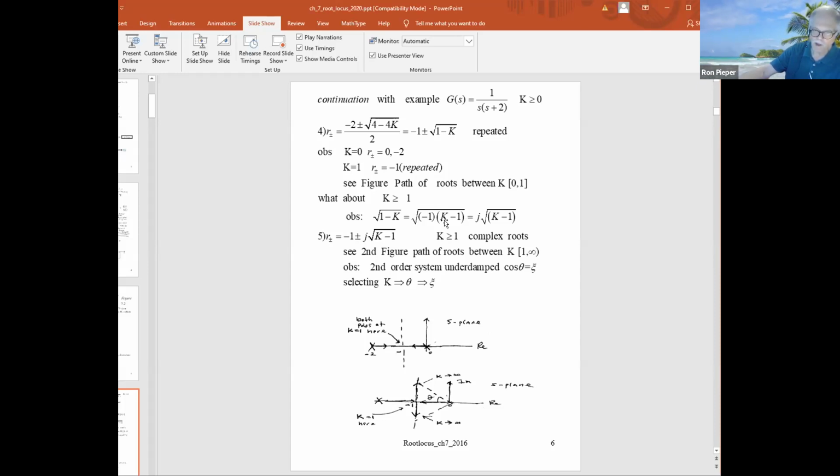And as long as k is greater than or equal to 1, that part in the parentheses, k minus 1, will never be negative, but the minus is still up front. So what we can do is use that the square root of a times b is the square root of a times the square root of b, and remind ourselves the square root of minus 1 is j. That's where it comes from.